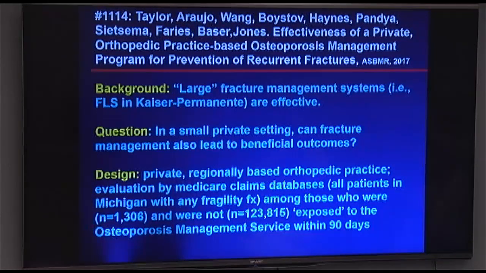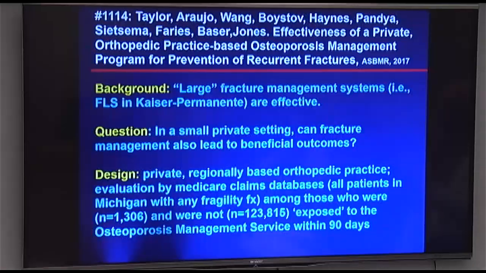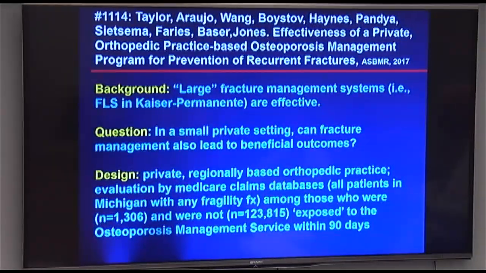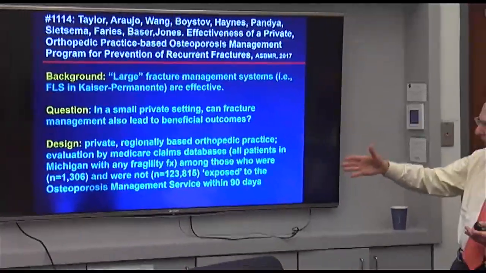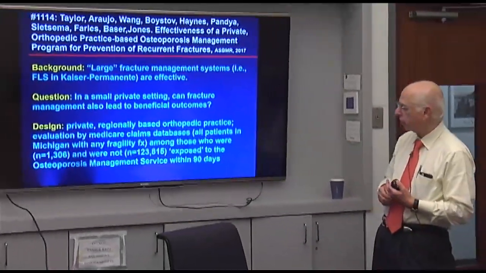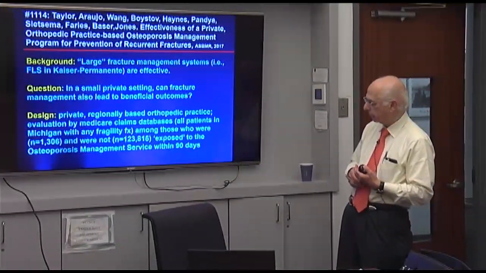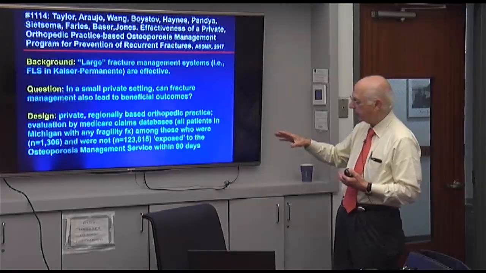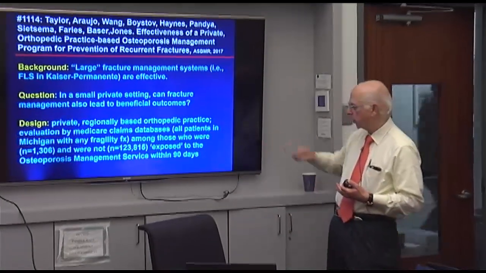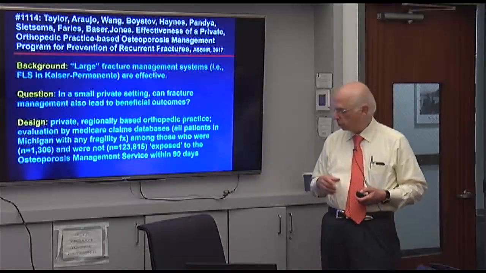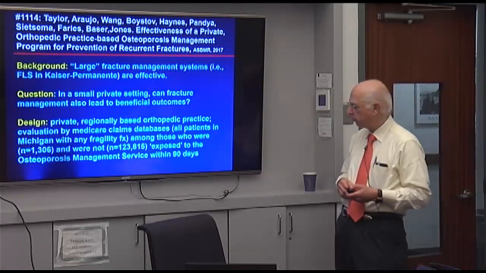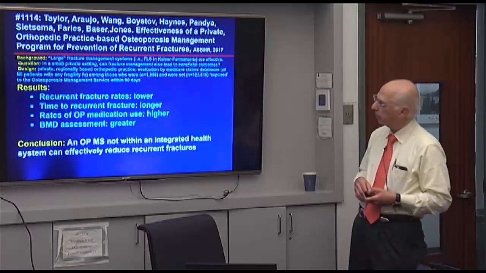So what they did was look at a very small private practice, a private, regionally based orthopedic practice, and they looked at Medicare claims databases among those who were or were not exposed to this kind of osteoporosis management service within a certain period of time.